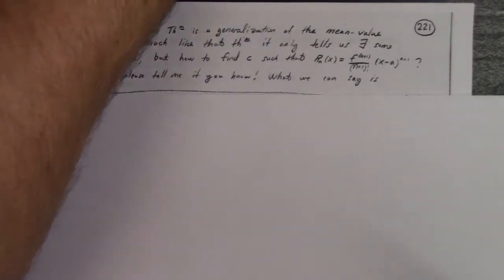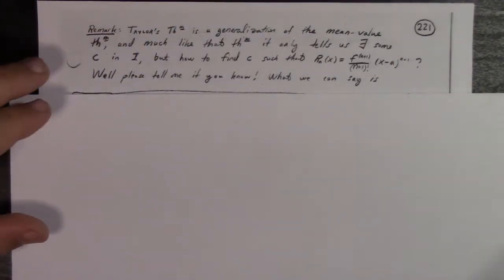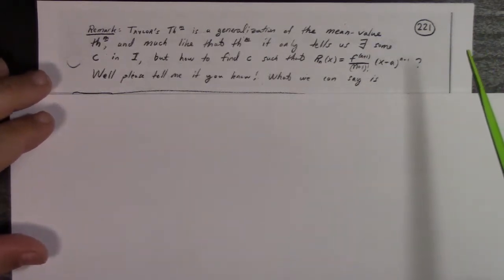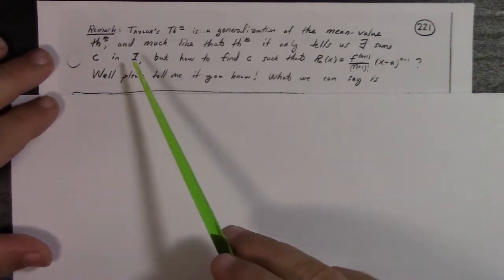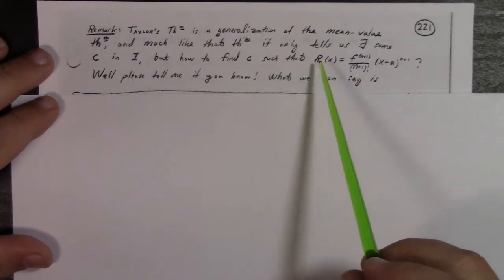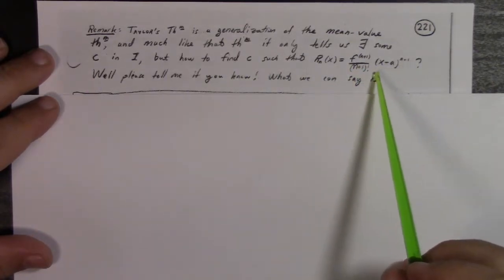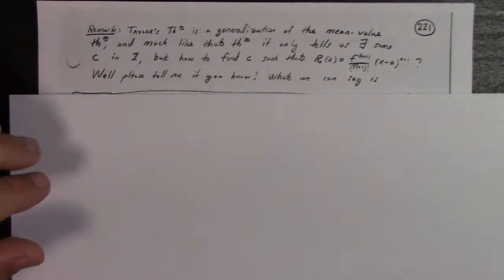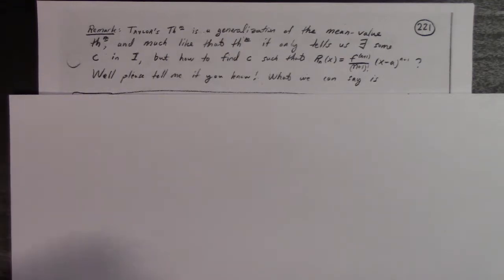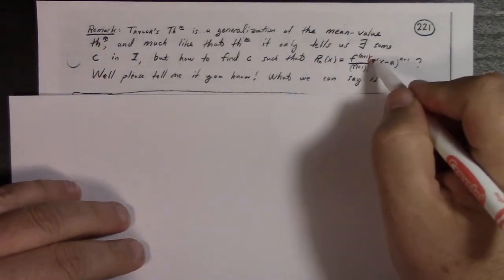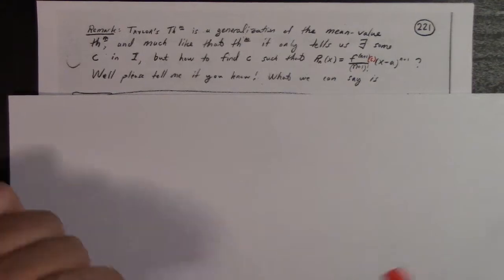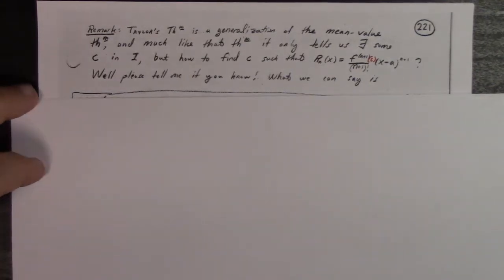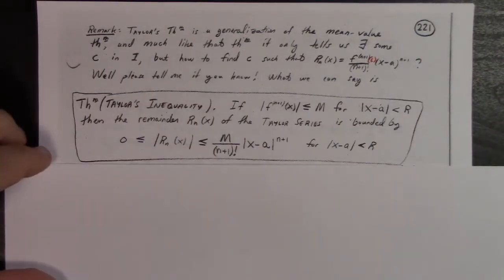So Taylor's theorem is in fact a generalization of the mean value theorem, and much like that theorem, it only tells us that there exists some c, but actually how to find the c such that Rn of x is equal to that, well, that's tough. This much we can say: we also have Taylor's inequality.